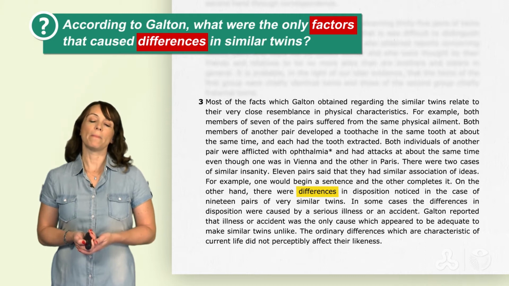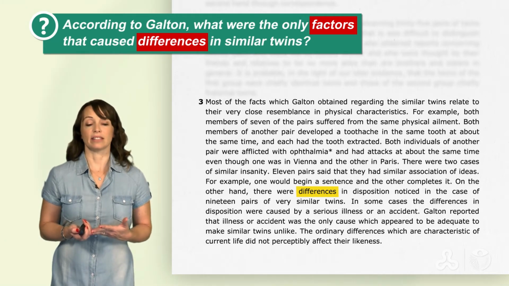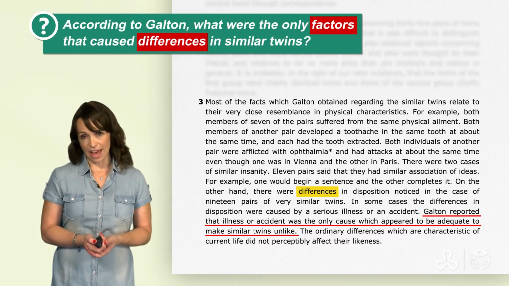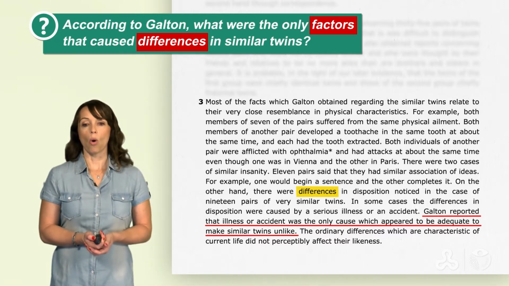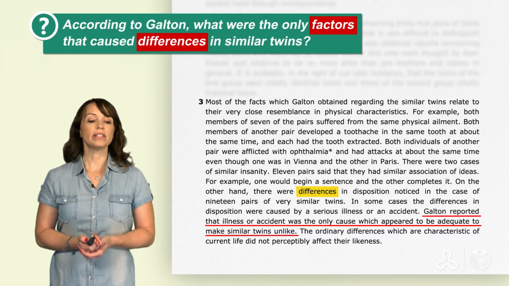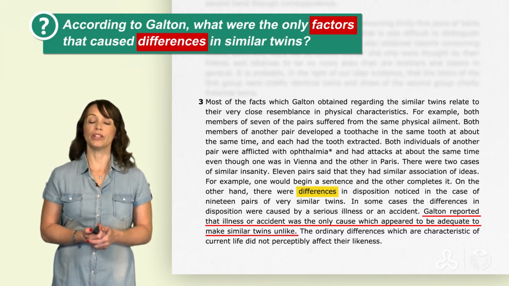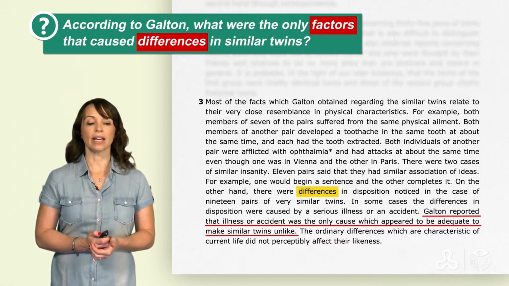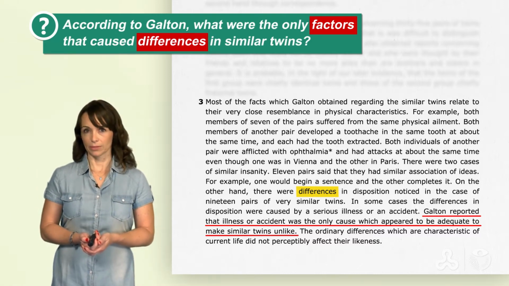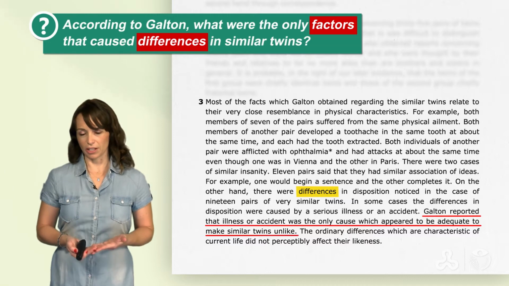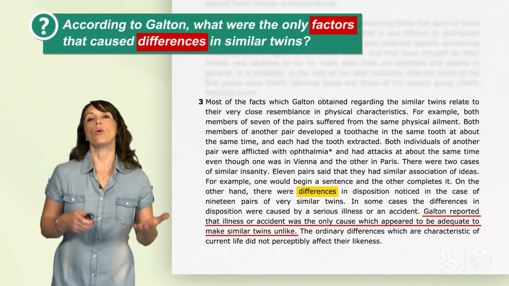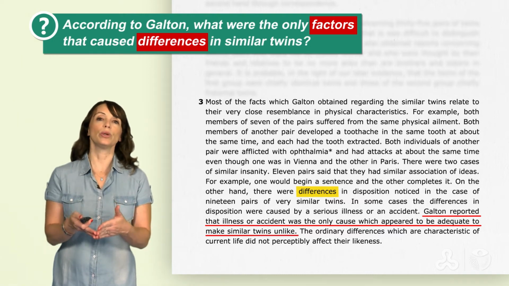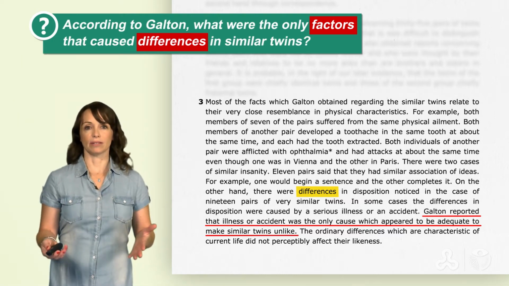Now, what caused this? Now look at this sentence. Galton reported that illness or accident was the only cause which appeared to be adequate to make similar twins unlike. So what were the only causes? Illness or accidents were the only reasons that similar twins became different.